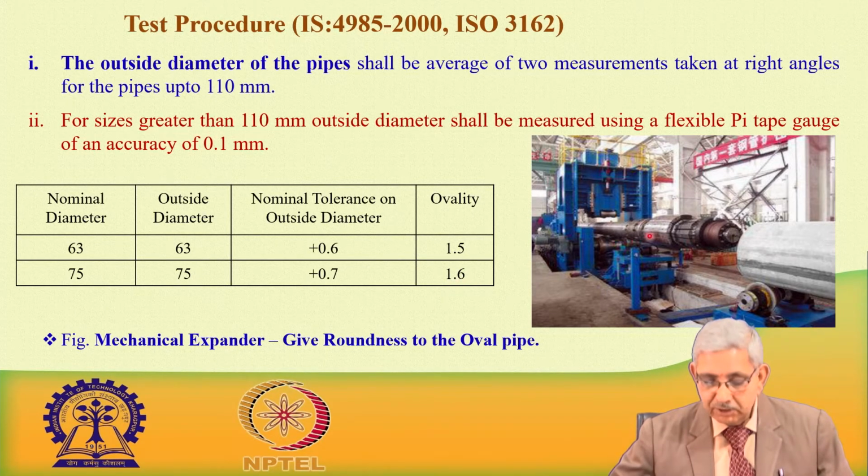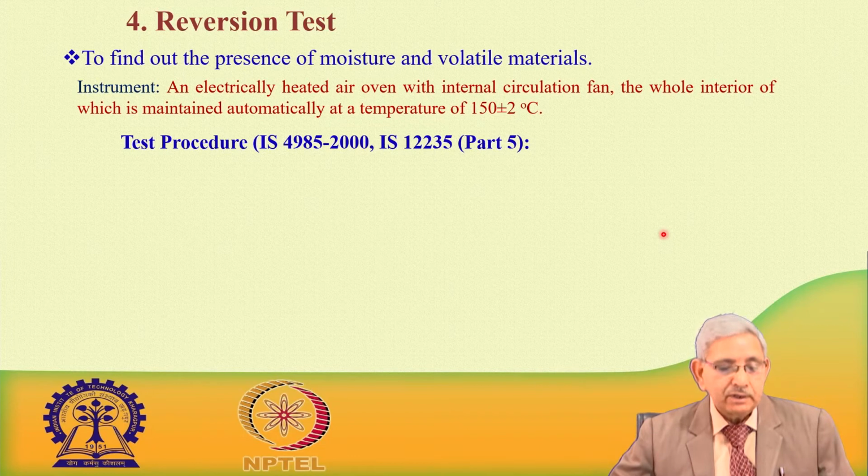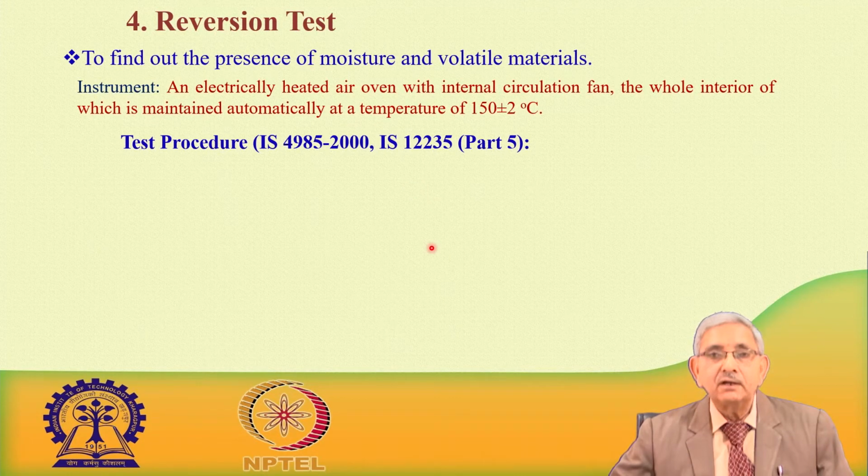So, this particular device is used to find out the roundness, that is, the ovality of the pipe size. The reversion test finds out the presence of moisture and volatility of the material.